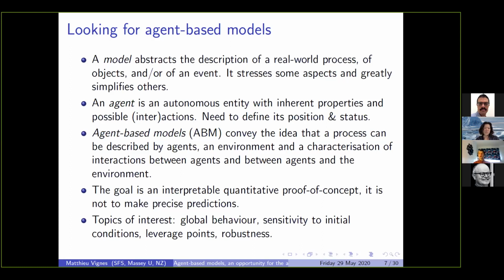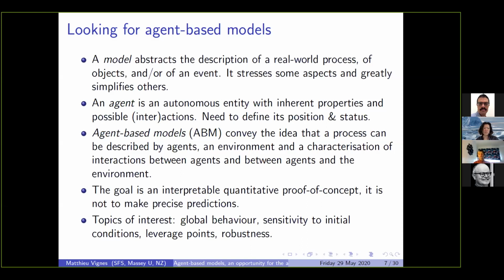So in this model, I want to have agents which move autonomously. They are entities with inherent properties and they can interact with each other or with the environment. So I need to define their position and their status. Their status could be whether the ant senses a chemical trail, or whether it's carrying food. It could be whether another ant is too close to her on the ground.